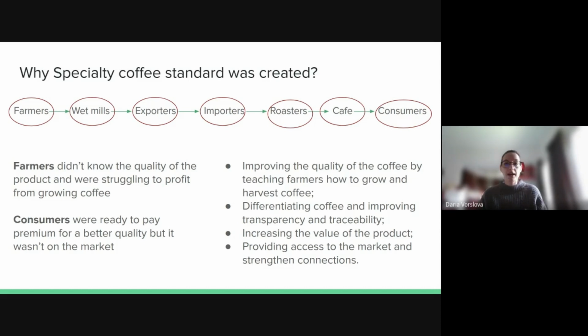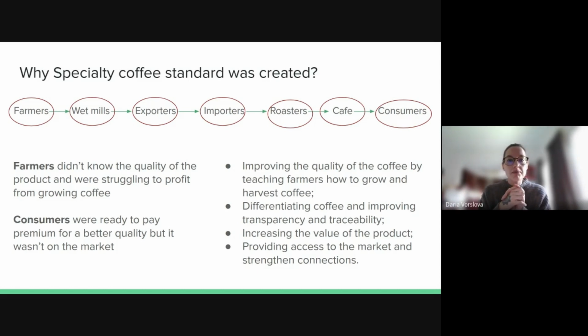They started to buy equipment to do the processing on the farm, not just being forced to sell their cherries cheap to the cooperatives or wet mills. So now they could profit more just because they have a facility on their farm to make parchment bean out of cherries, which of course allows them to control the quality more and have a bigger profit, because of course coffee tasted differently, right?